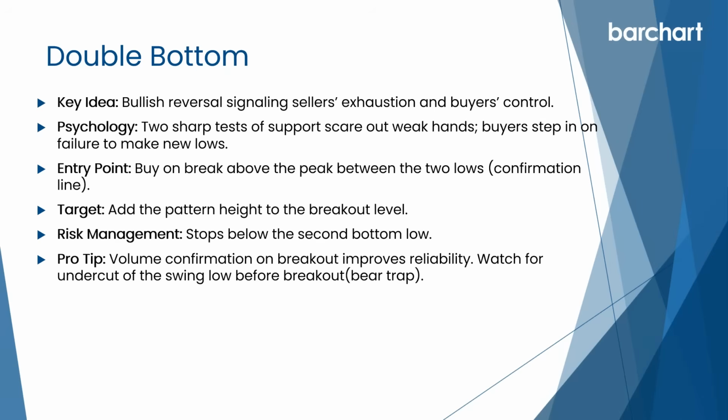But watch for these undercut swing lows just before the breakout. In other words, potentially a bear trap. What I'm saying here is that sometimes just prior to the breakout of a double bottom, you could get a formation that looks eerily similar to a cup and handle.